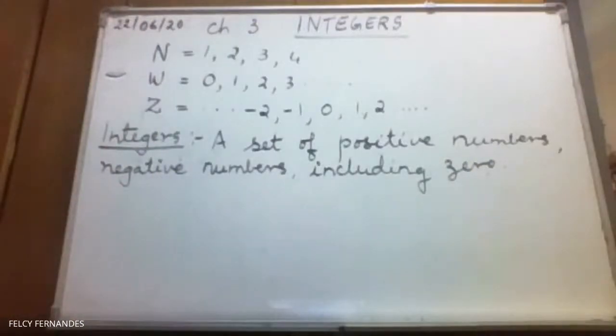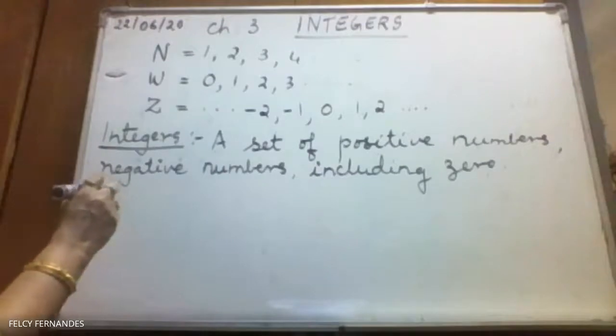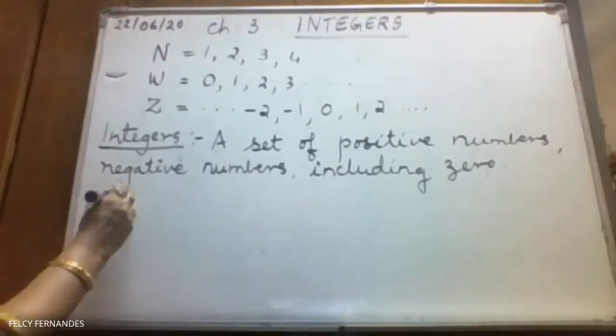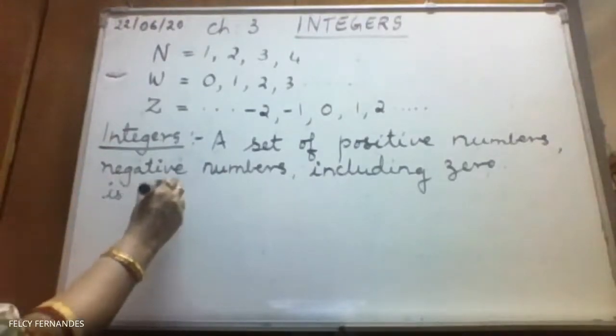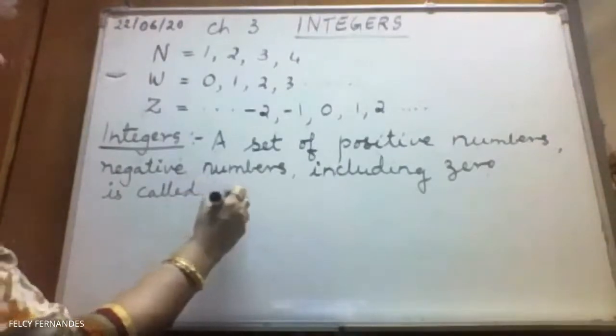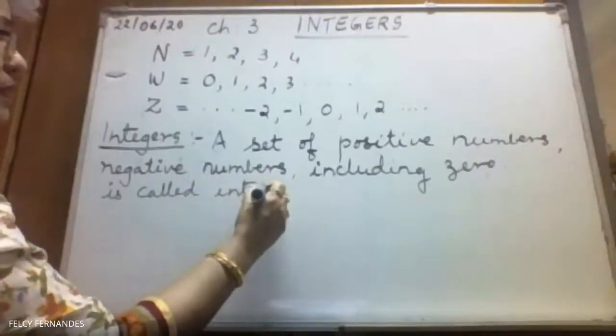A set of positive numbers, negative numbers, including 0 is called integers.